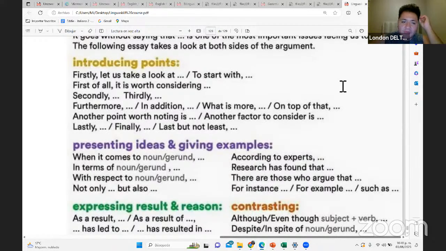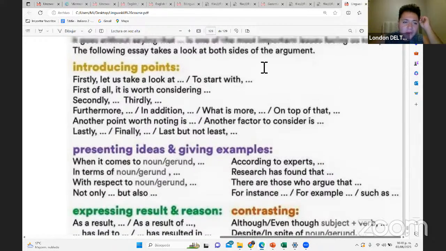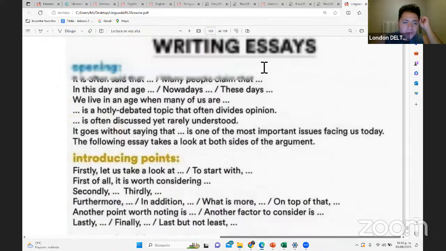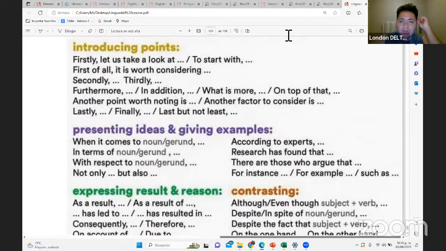Okay, so here we have a couple of expressions. And okay, so I would like you to help me reading them. Can you please help me, Johnny? ¿Qué dice la primera expresión aquí? En introducing points es para introducir puntos o para empezar un texto.